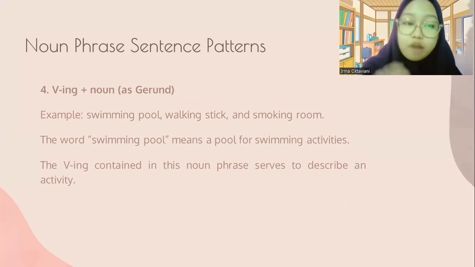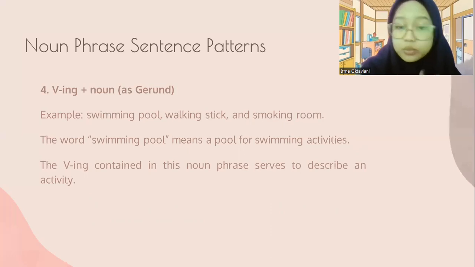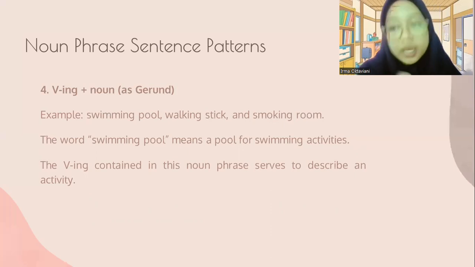Contextually, the meaning of verb-ing is as a gerund to mark the last noun. It can be concluded that the word swimming pool means a pool for swimming activities. And then the verb-ing contained in the noun phrase serves to describe an activity.